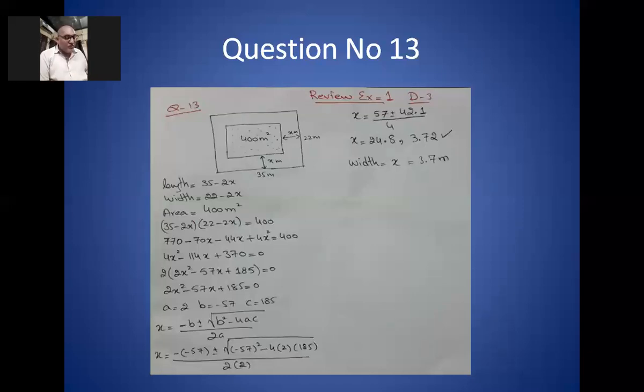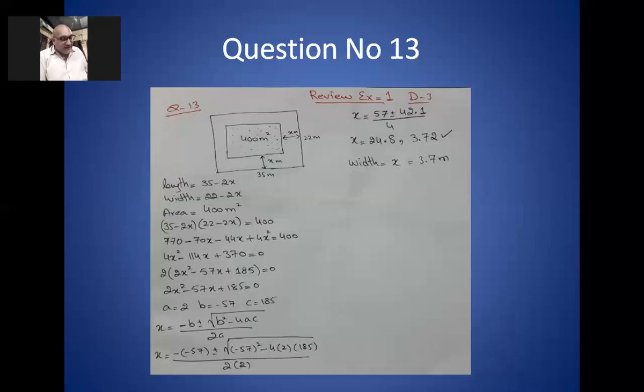The question for you: a rectangular function room has dimensions 35 meters by 22 meters. Part of the floor is covered with ceramic tiles as shown by the shaded rectangle in the figure. So this central portion, whose area is 400 square meters, has been covered with the tiles. So this inner area is covered with the tiles according to the story given in the question.